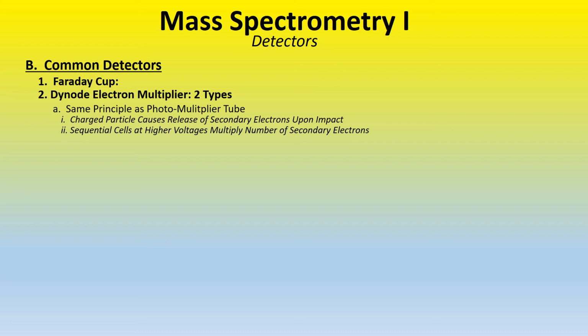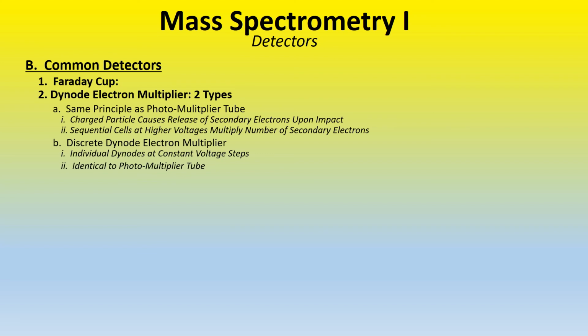Your two types are a discrete dynode electron multiplier, which has individual plates, individual dynodes, at constant intervals of voltage. This is essentially identical to the photomultiplier tube that you've already seen.